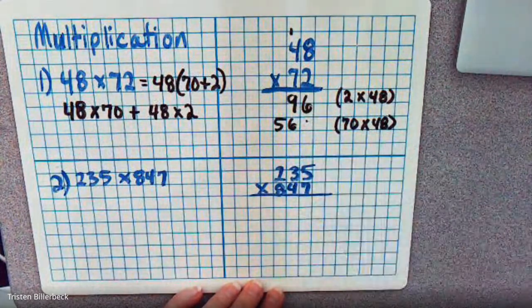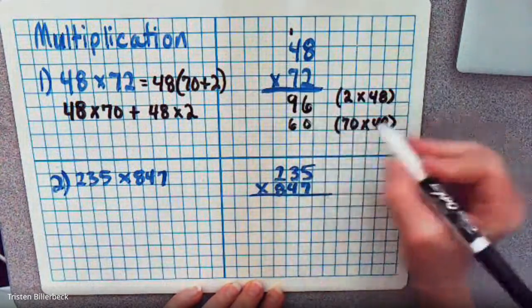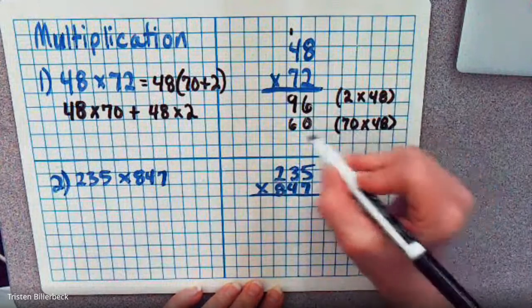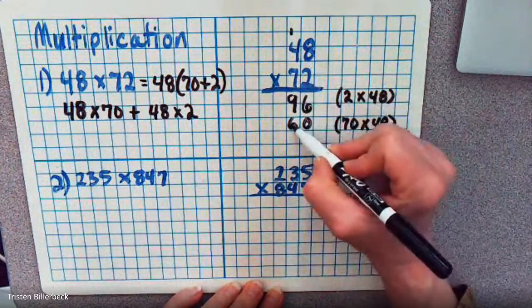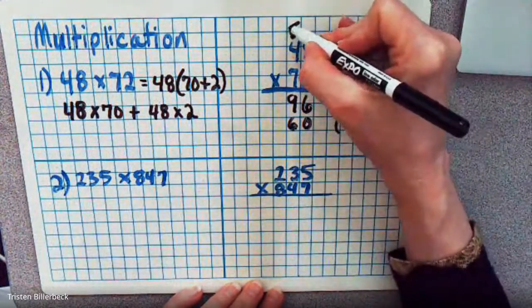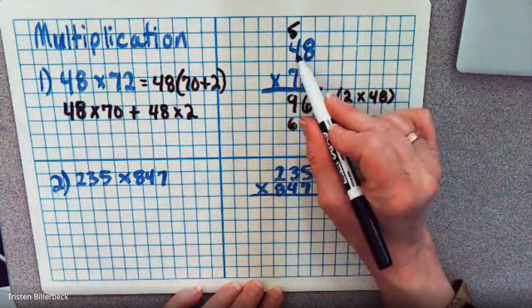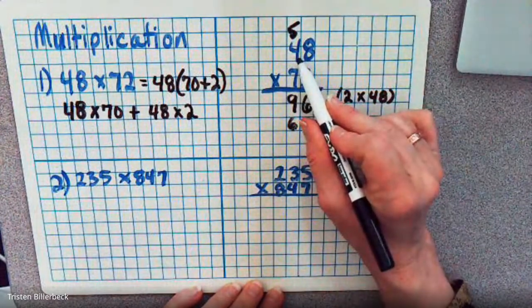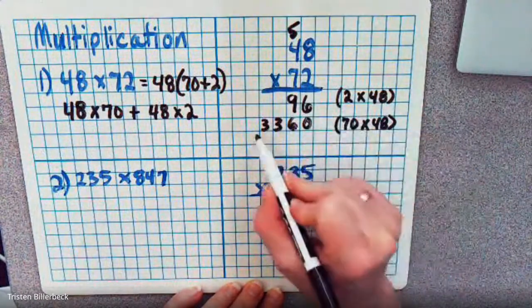But we're going to carry that 5. So we'll put a 0 here for the 70 that we're multiplying, and then we really consider 7 times 8. So that's 56. So the 6 goes here, and we're going to carry a 5. And then 7 times 4 is 28, plus 5 is 33. So we write 33 here.